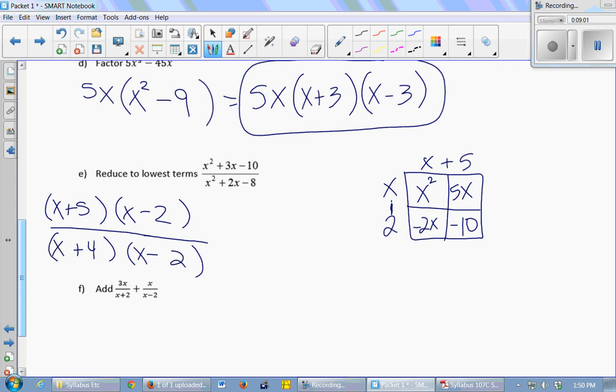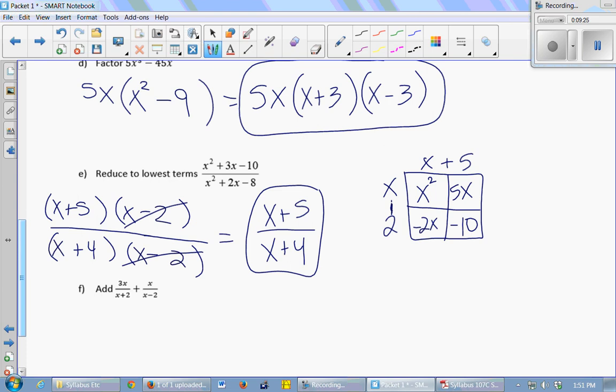But when you do the outer and the inner terms, when you're distributing or foiling, you get the positive 2x. So do I have any factors in common on the top and the bottom here? Yep, so I factor them, I cancel them, and I'm just left with x plus 5 over x plus 4.